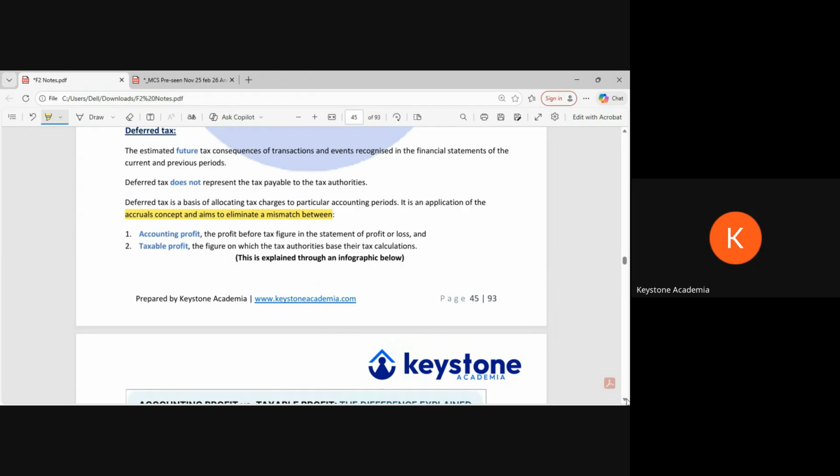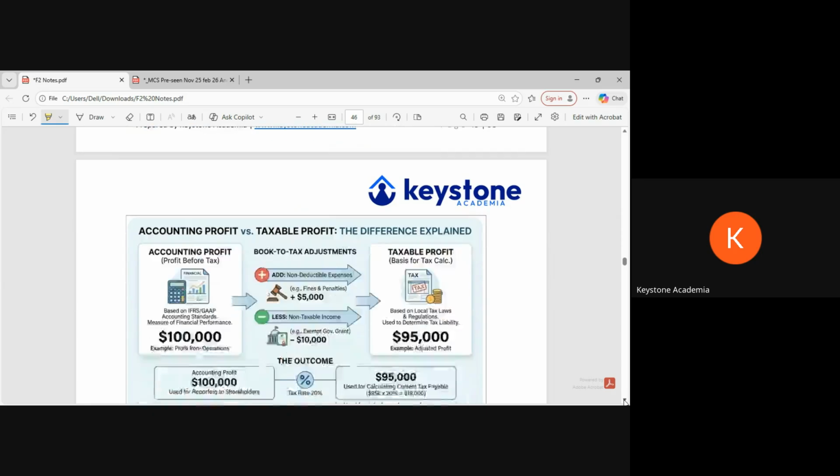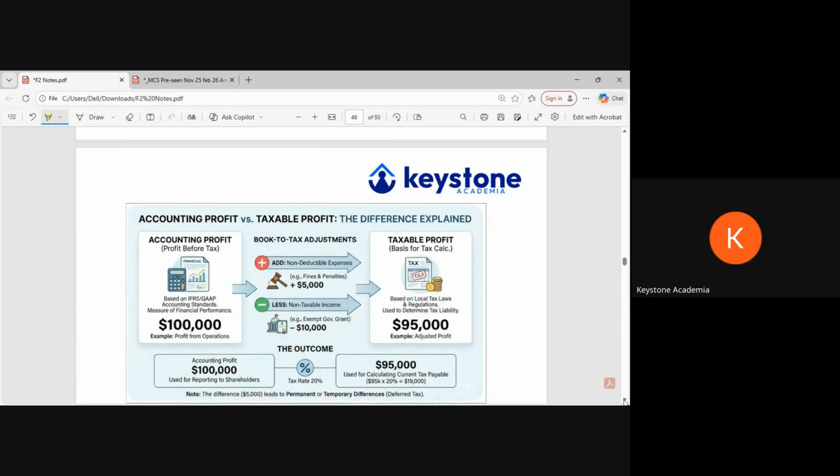If you're accounting, you might have things like VAT, GST that can also come into place. So to balance, we are using this deferred tax. Accounting profit is the profit before tax figure in the statement of P&L; taxable profit is the figure on which the tax authority levies tax. Mostly it's the taxable profit that is important for us. Let's look at the example.